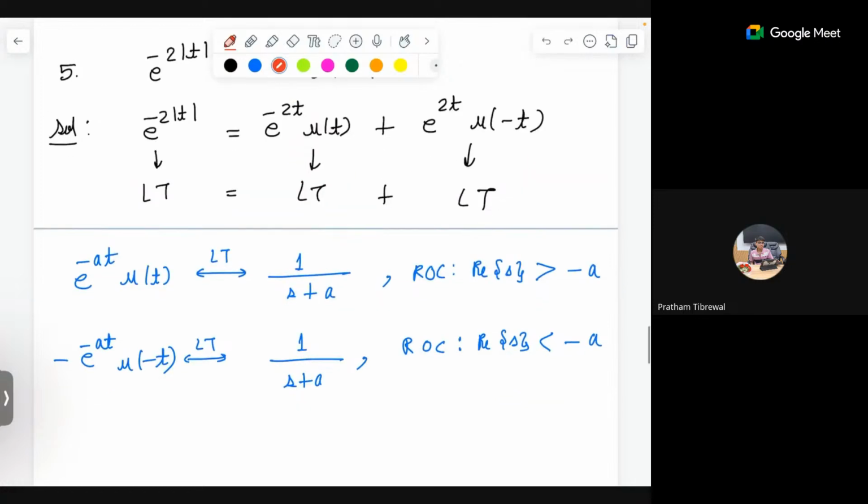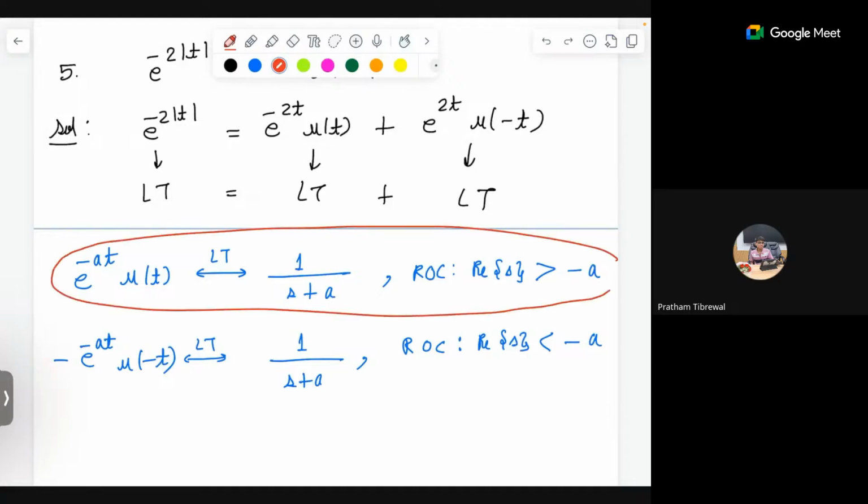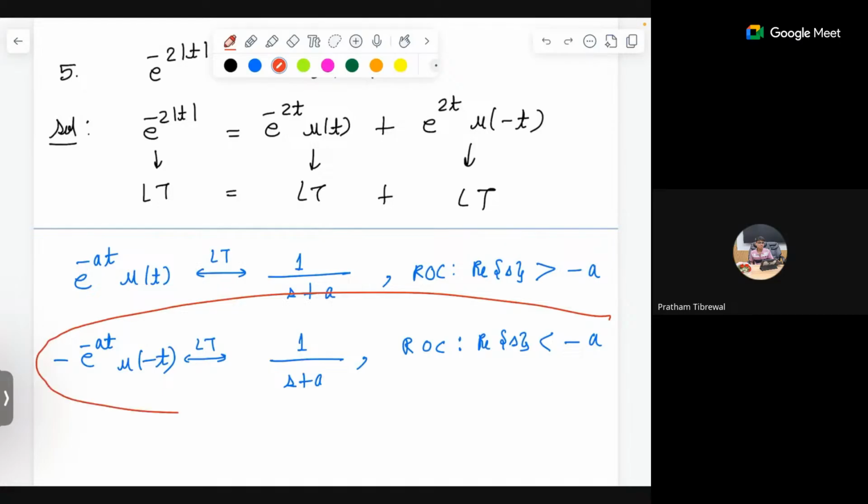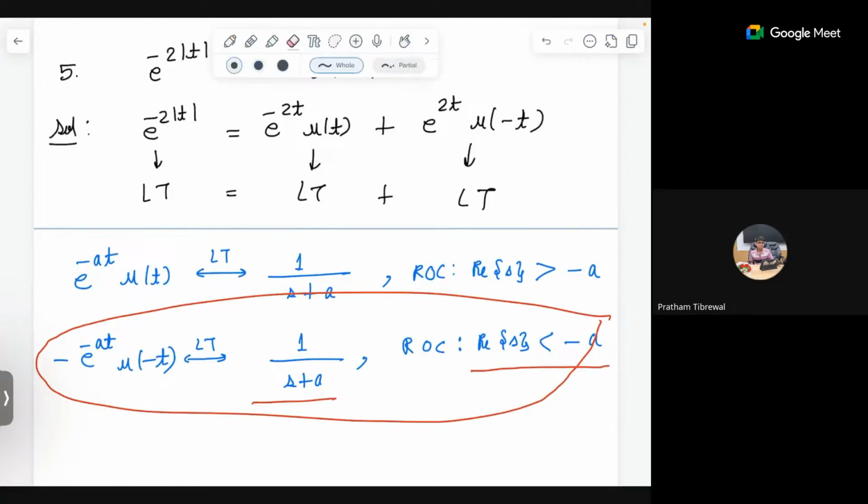The Laplace transform for e raised to the power of minus at u of t is 1 upon s plus a. ROC is real of s greater than minus a, and minus e raised to the power of minus at u of minus t also has the same Laplace transform, but its ROC is real of s less than minus a.